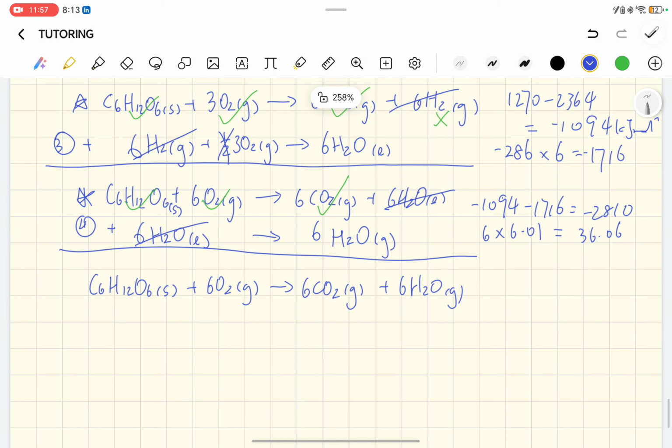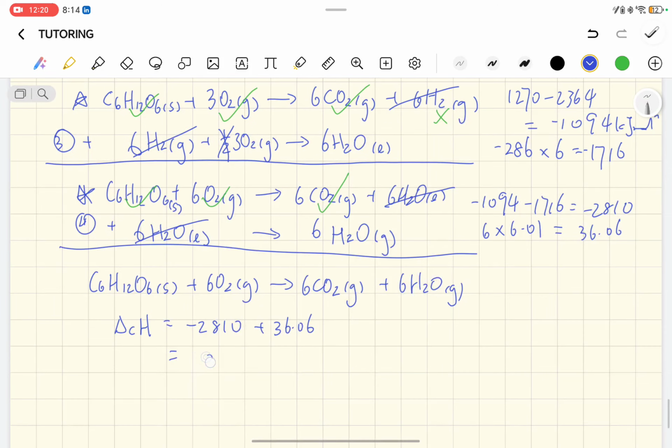And now let's calculate the enthalpy of combustion of this whole equation, which is negative 2810 plus 36.06 is negative 2773.94 kilojoules per mole.